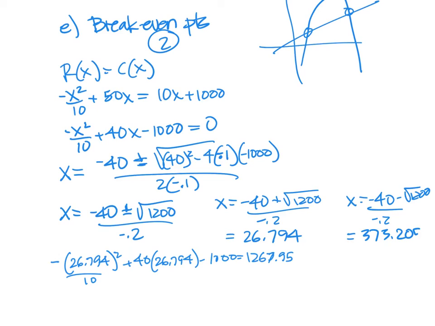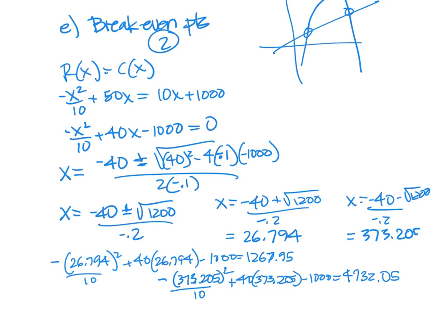So I'm plugging that into the function. So we have negative 373.205 squared divided by 10 plus 40 times 373.205, those are being multiplied, minus the 1,000, and we end up with 4732.05. So those give us the two coordinate points.